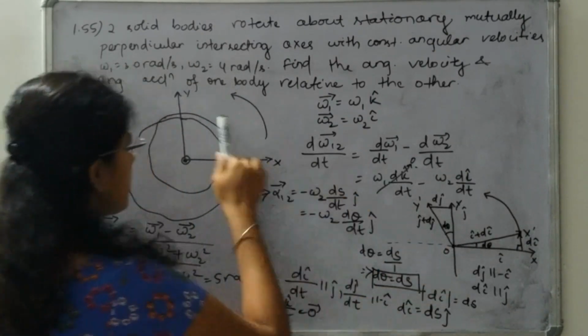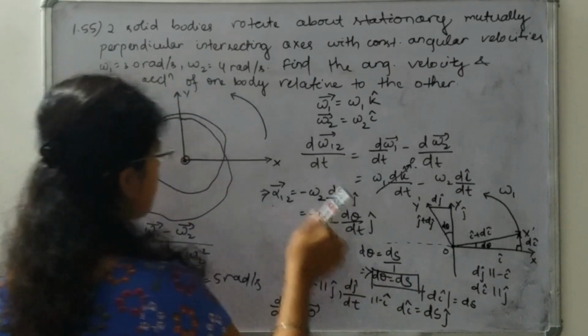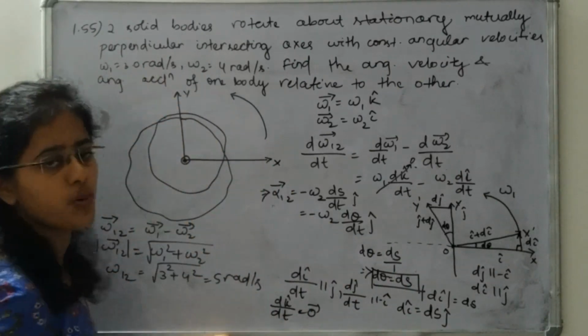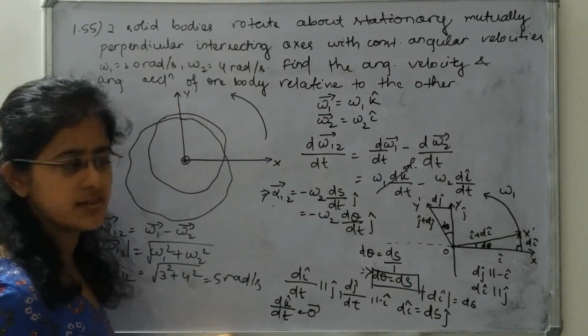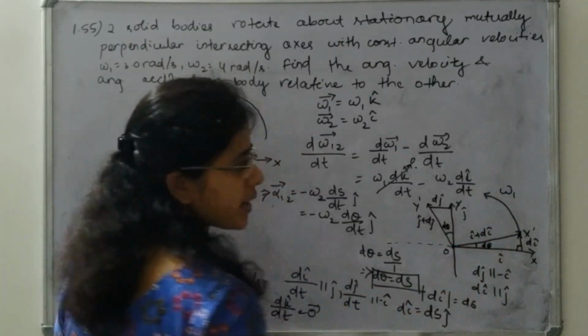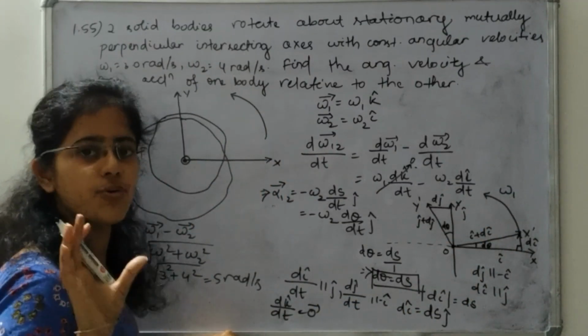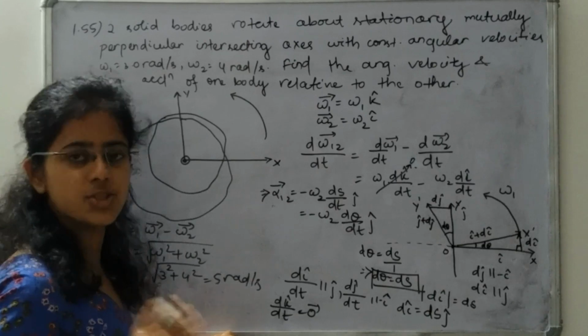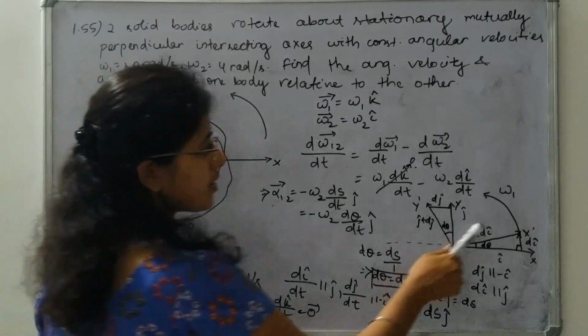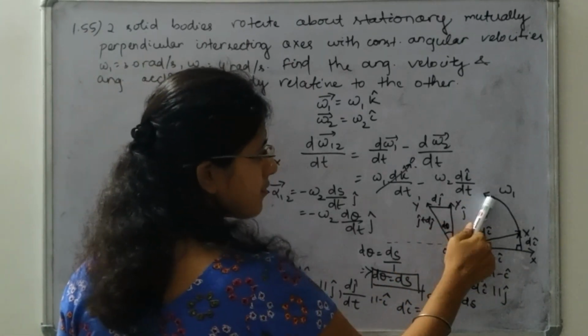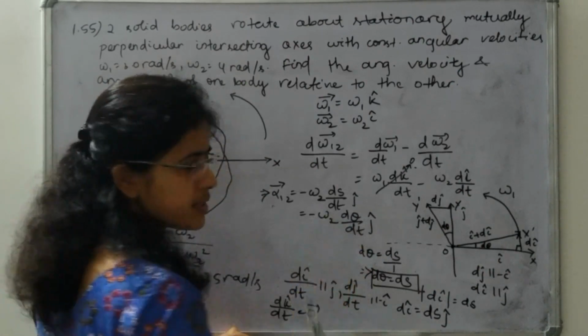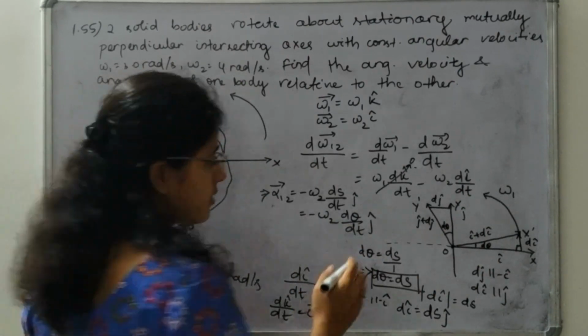We have considered here the first body case, rotating with omega 1 equal to 3 radian per second. We know that angular velocity is d theta divided by dt. For this xy plane and the first body case, d theta divided by dt is omega 1.